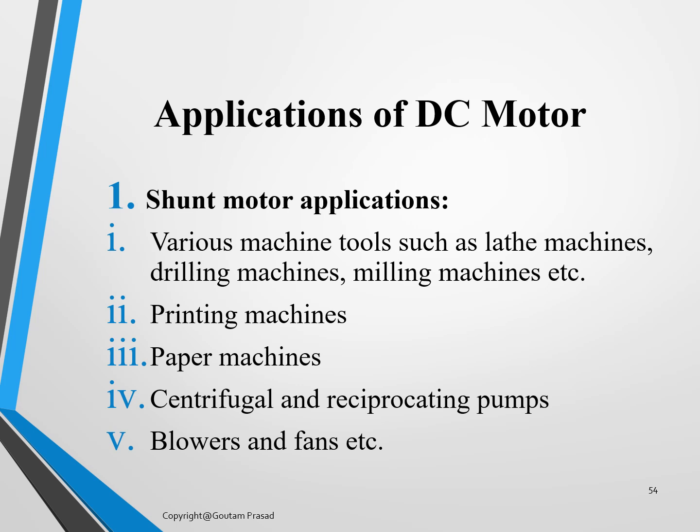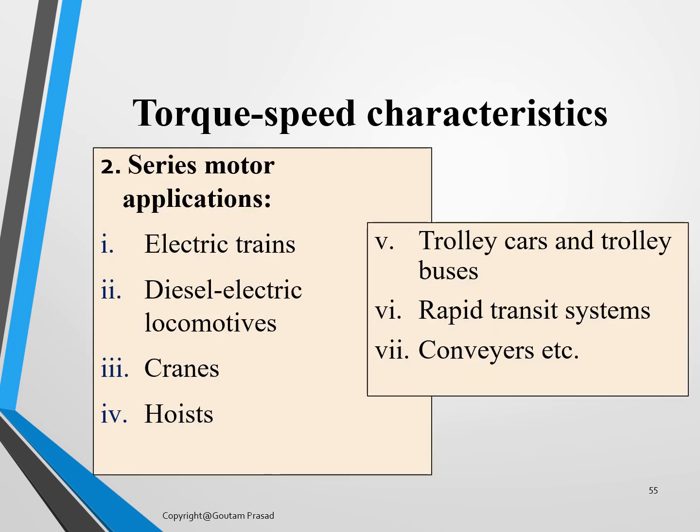The cumulative compound motor can be used in some applications, but a differential compound motor has such a characteristic that it cannot be used for any practical purposes, because its speed goes dangerously high.